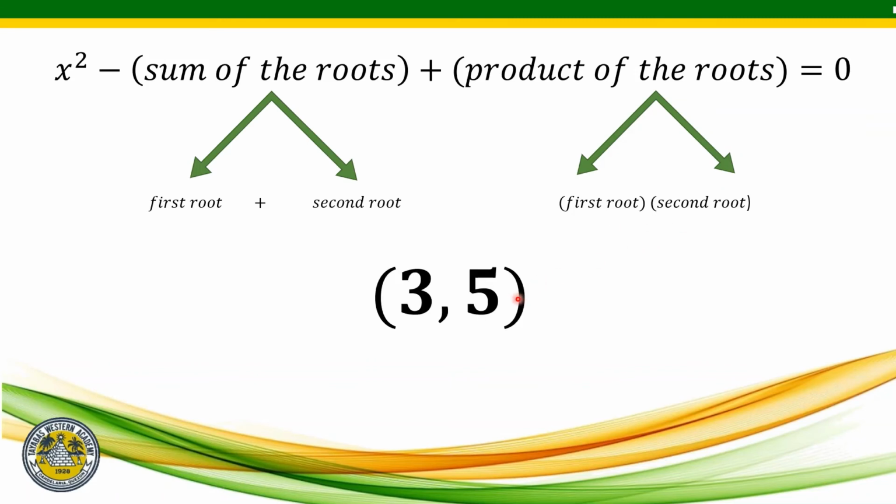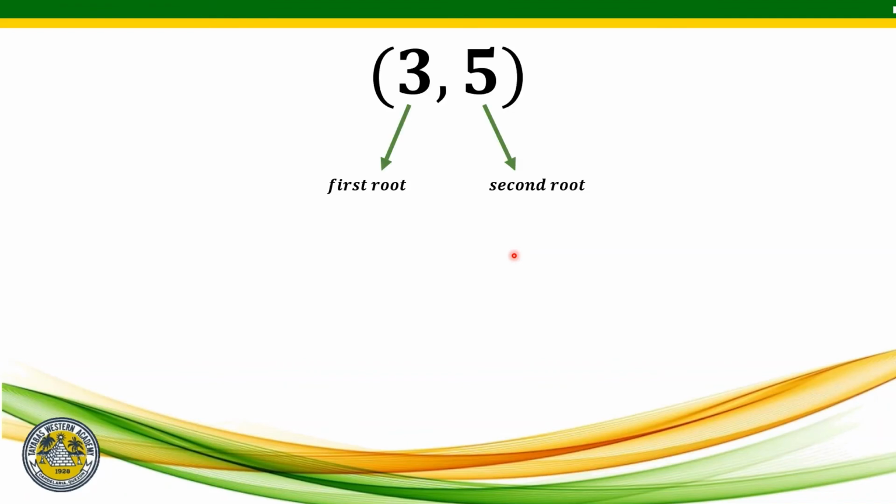For example, we have the given roots which are 3 and 5. So the first root is 3 and the second root is 5. We will use the roots 3 and 5.